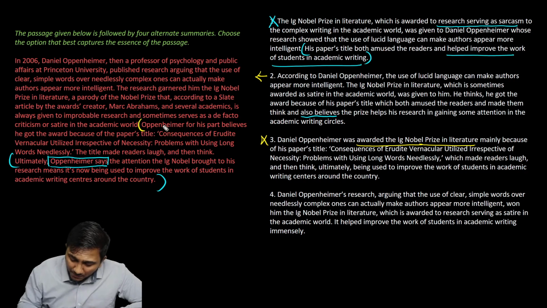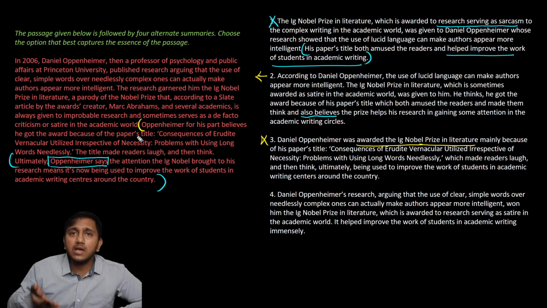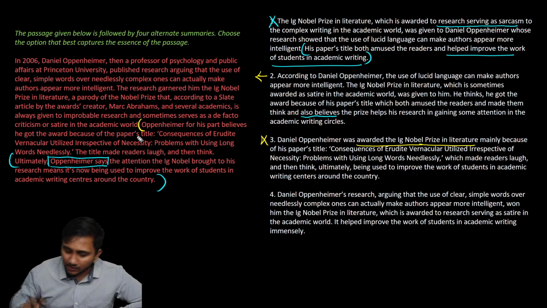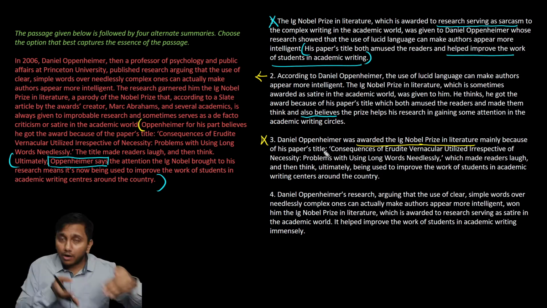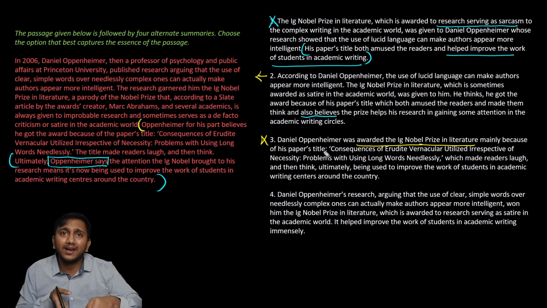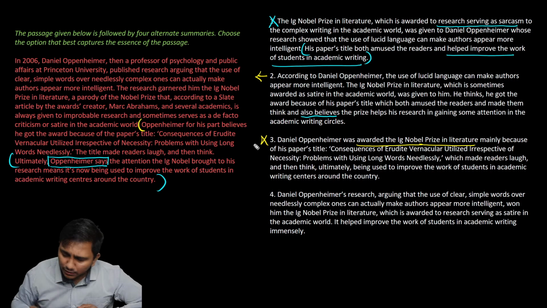If you see here, Oppenheimer for his part believes he got the award because of the paper's title. Okay, so Oppenheimer believes he got the award because of the paper's title. I cannot say Oppenheimer was awarded the Nobel Prize because of the paper's title. I am just changing Oppenheimer's opinion to the author's opinion, the author of this whole paragraph, which is wrong. So I can get rid of that.